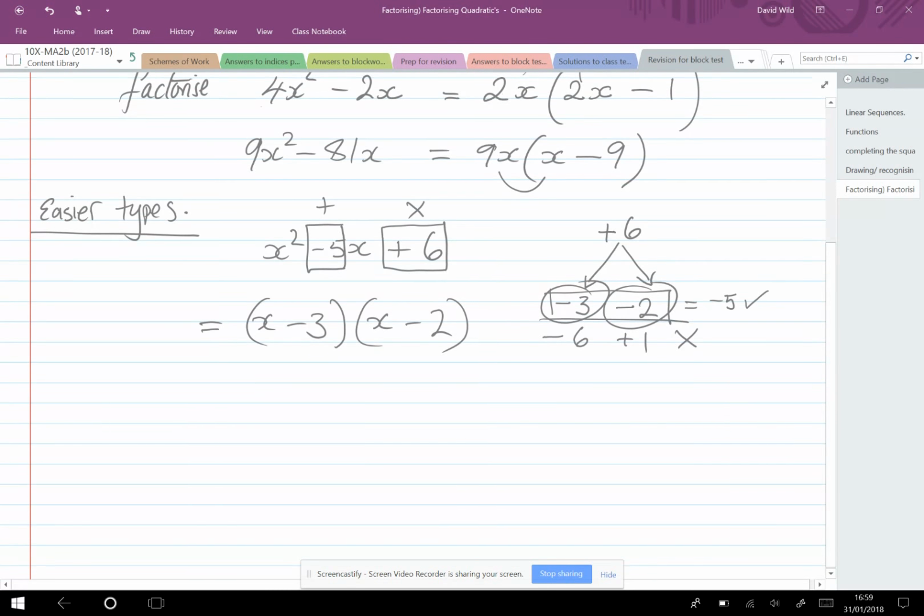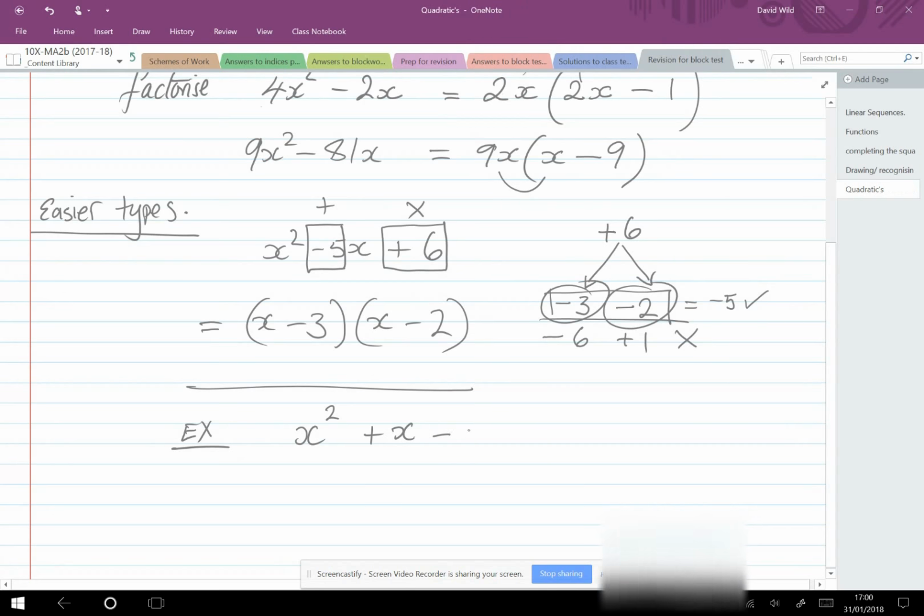Let's do another example. So we're factorising x squared plus x minus 90.